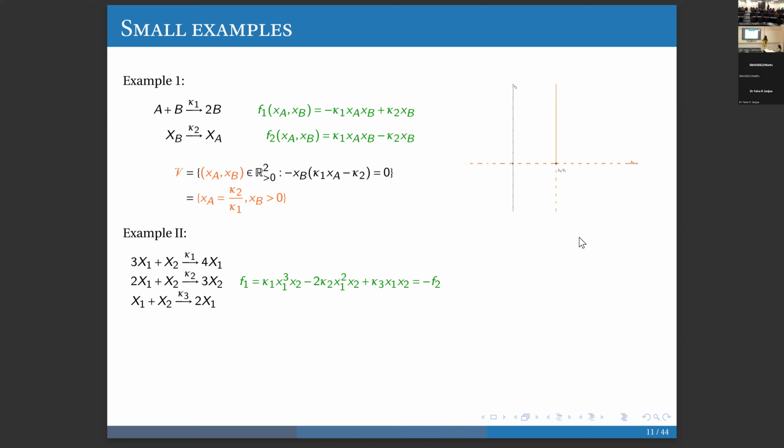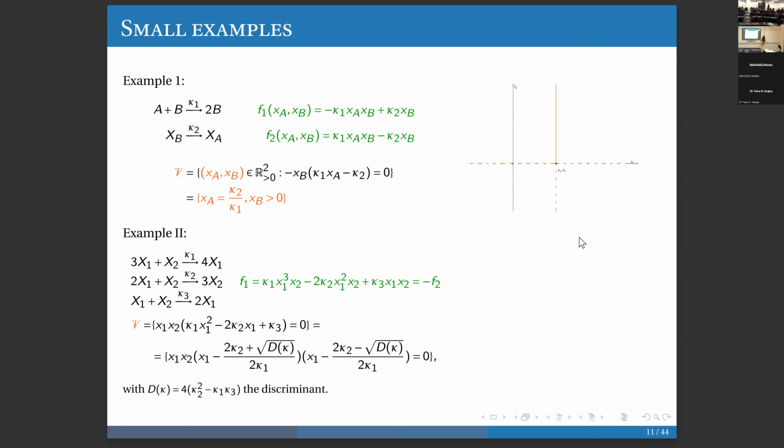Another example. This one appeared also, I don't know if the second or the third. In this case, we can reduce to one polynomial, but this one has 2 factors which don't contribute any positive solutions, and one that might contribute depending on the discriminant.